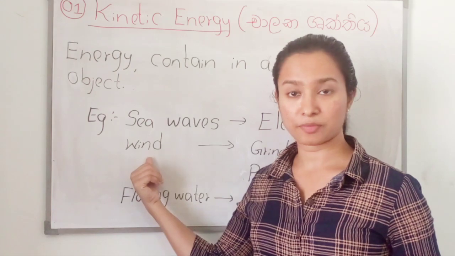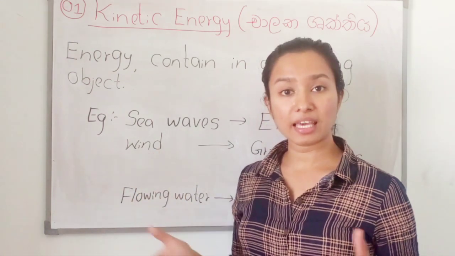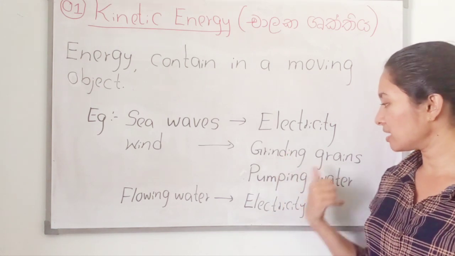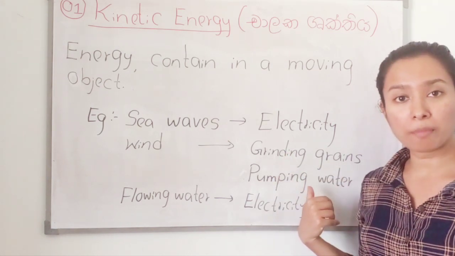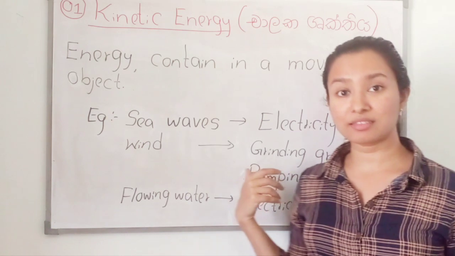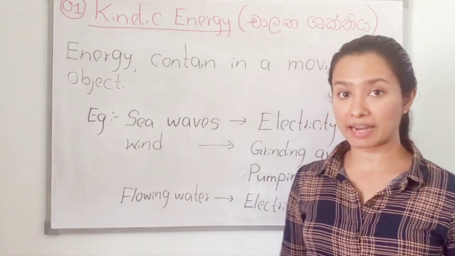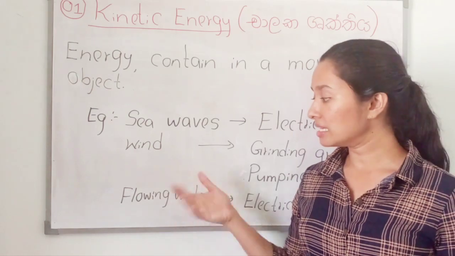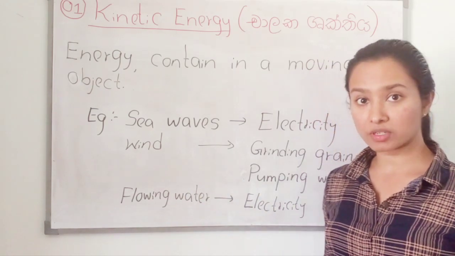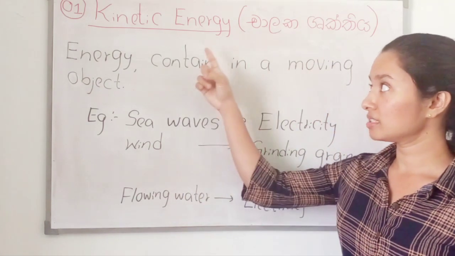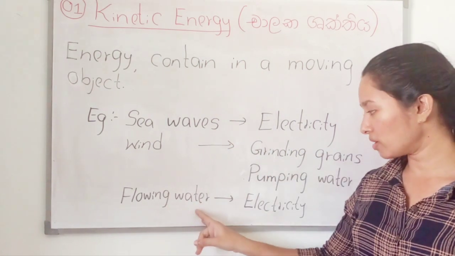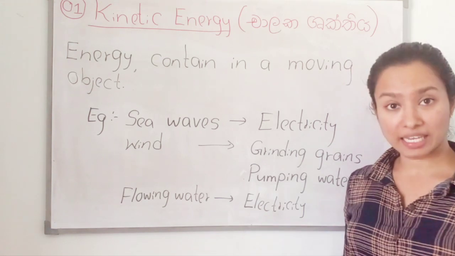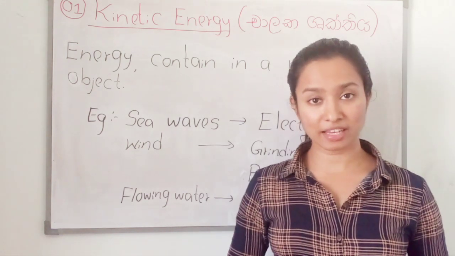Then wind. We take the kinetic energy of wind for grinding grains and also pumping water. We discussed these things when you were in grade 6. Then flowing water. The energy contained in flowing water, that is the kinetic energy in flowing water, we use for generating electricity in hydropower stations.